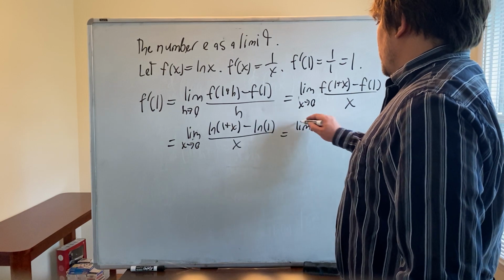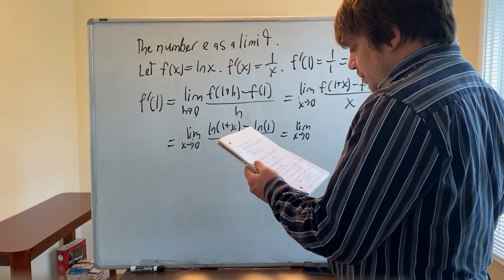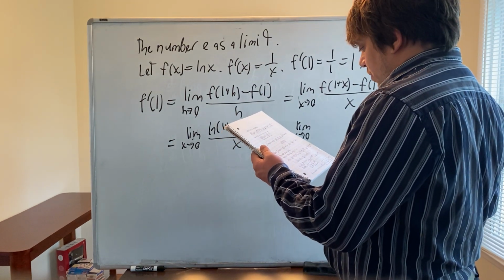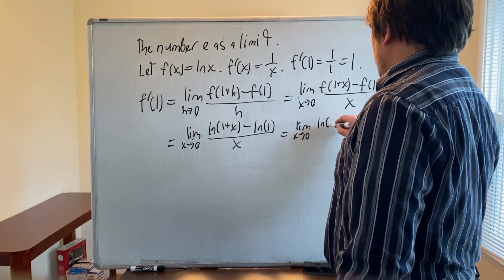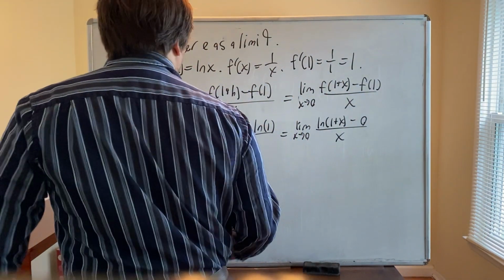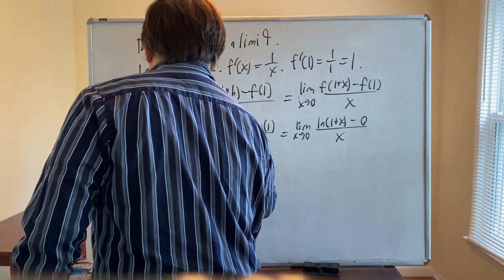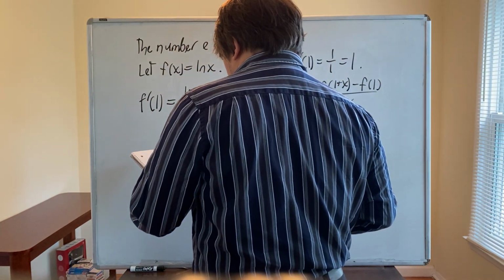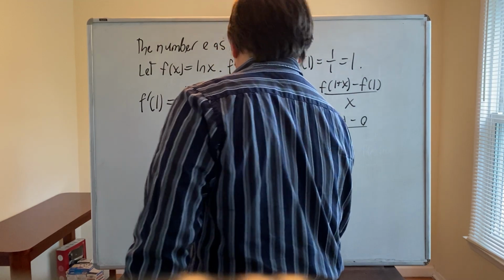That's equal to the limit as x approaches 0 of ln of 1 plus x minus 0 over x. ln of 1 is 0, so we're subtracting that. So we get the limit as x approaches 0 of 1 over x times ln of 1 plus x.